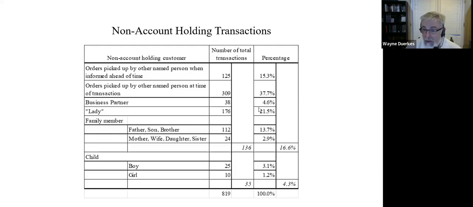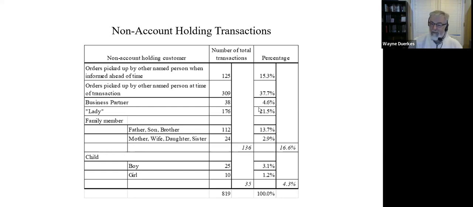Other data that can be extracted from this takes a little thinking here for a little minute, but obviously people had accounts there. But there were also other people that came in to do business at Seabaugh's.